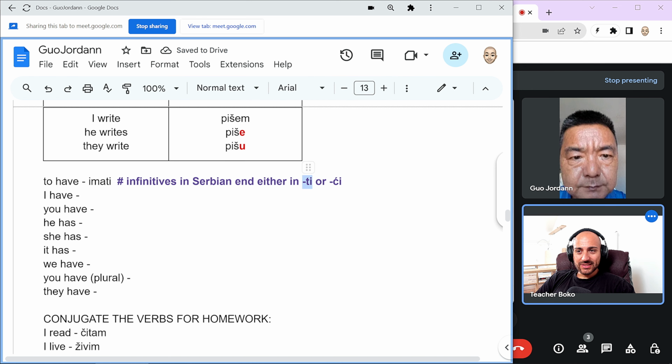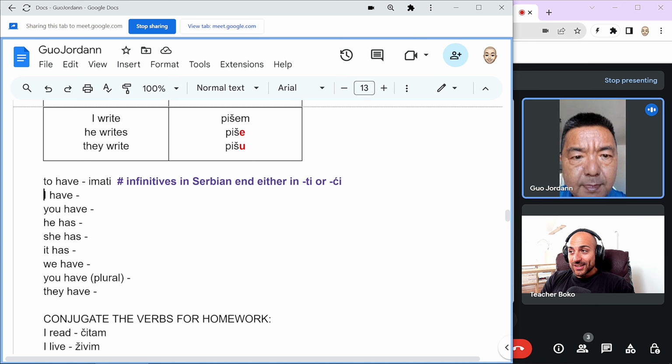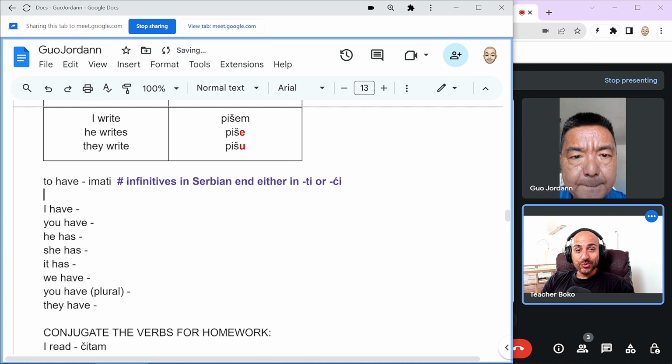I think it's mostly t, maybe 80-90% of the verbs end in t, and we have a smaller number of verb infinitives that end in ći. So if the verb is regular, you will know how to get your stem if you know that the word is imati.